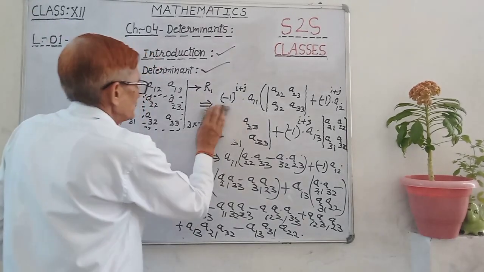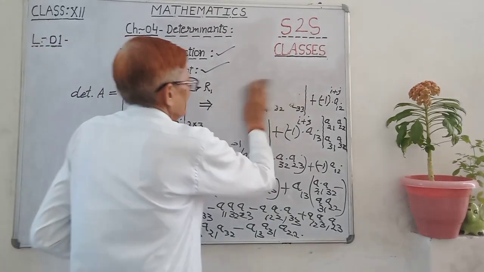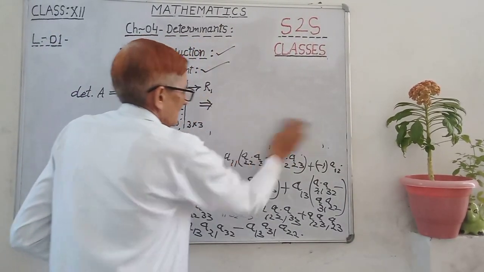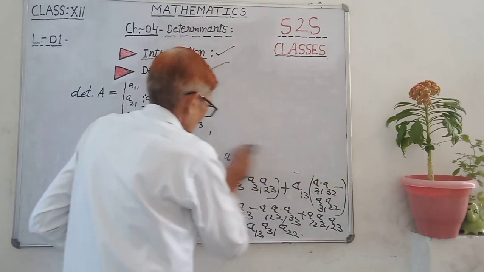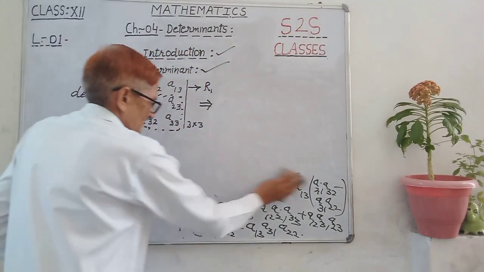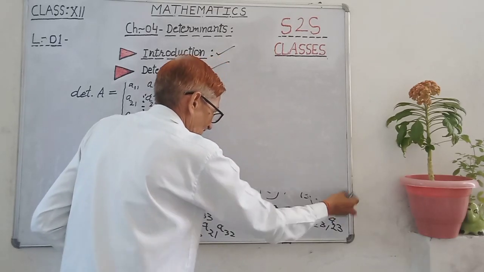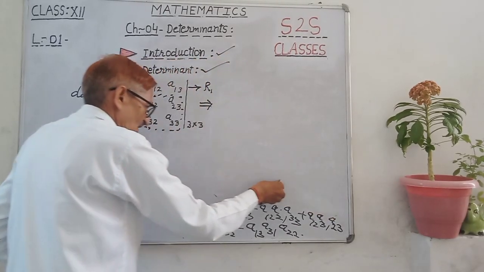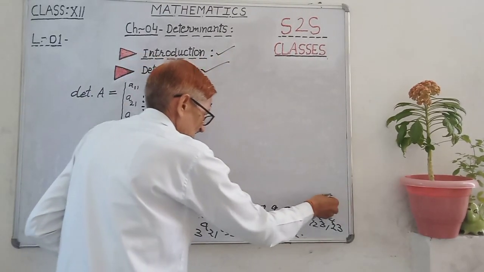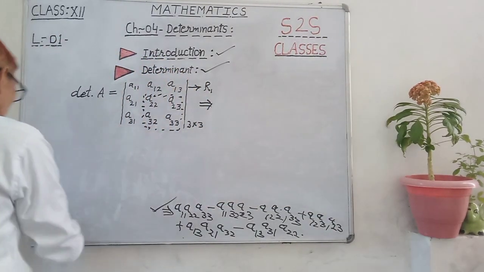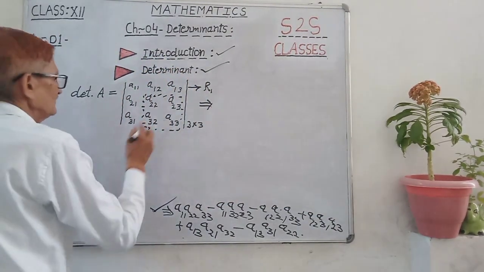Now I am expanding along R2. You can check this also. I kept this here as it is, and check the value along R2 also. Same method.